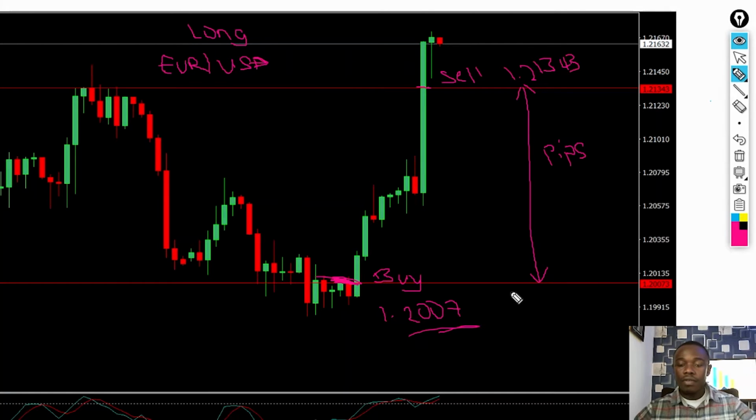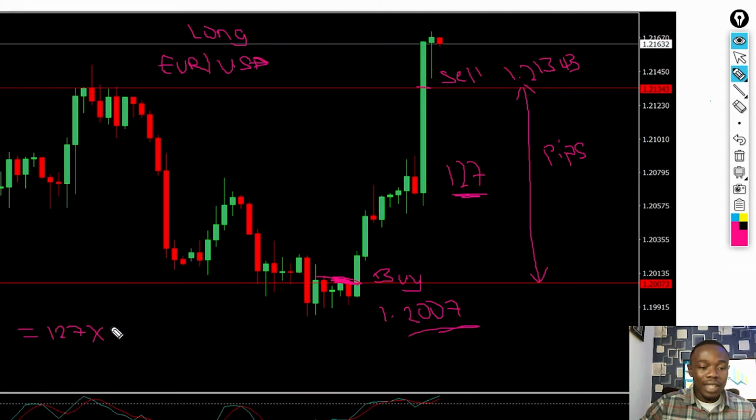If we are able to capture this, the pip difference is around 127 pips. So we were able to capture 127 pips, and based on our formula, profit is equal to the number of pips, 127, times the lot size, and we went 1 standard lot, so 1, times the value of a pip per standard lot, which is 10.